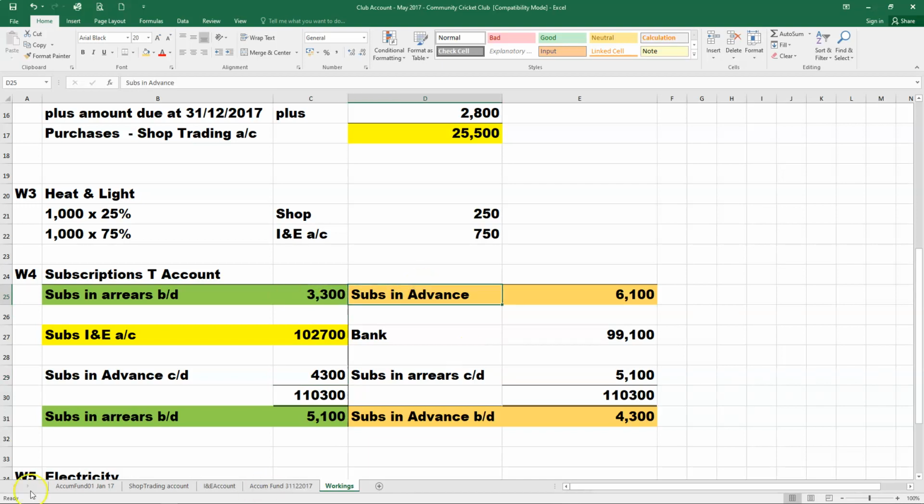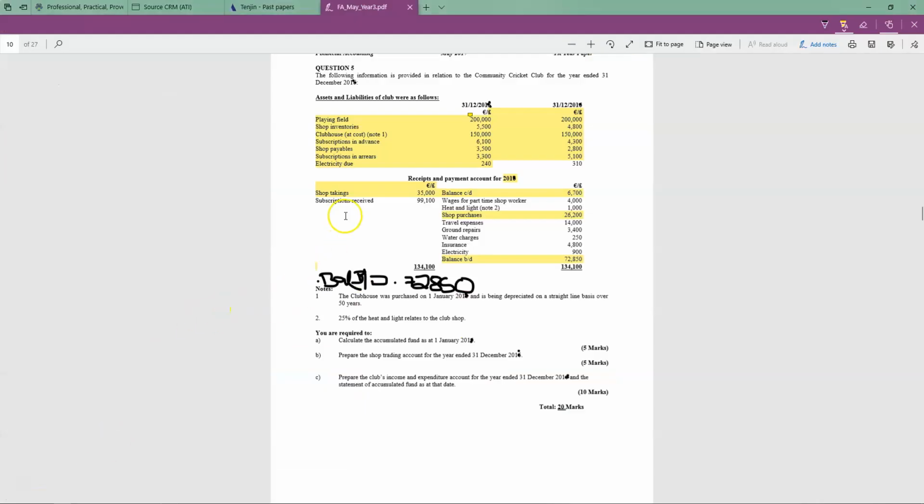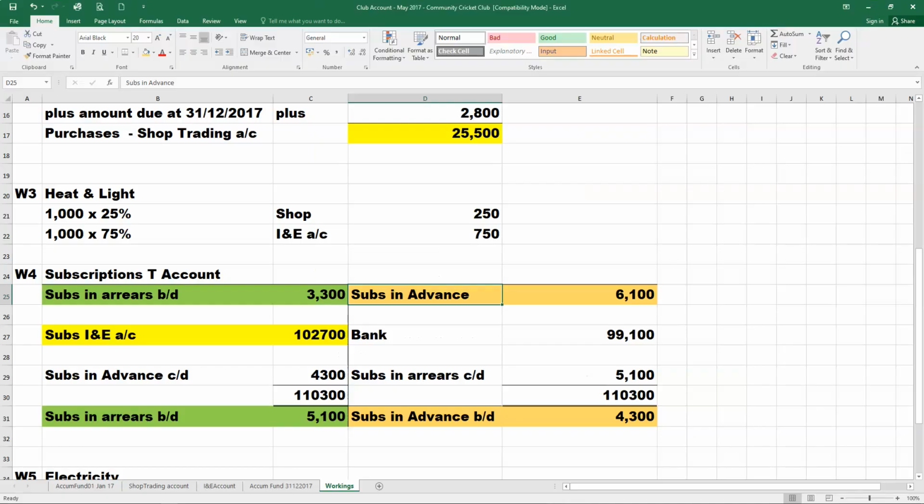Then we need to go into our receipts and payments. Inside here, we have subscriptions received. Our subscriptions received here are 99,100 euro. We debited our bank, and now we're going to credit our subscriptions account with 99,100 euro.